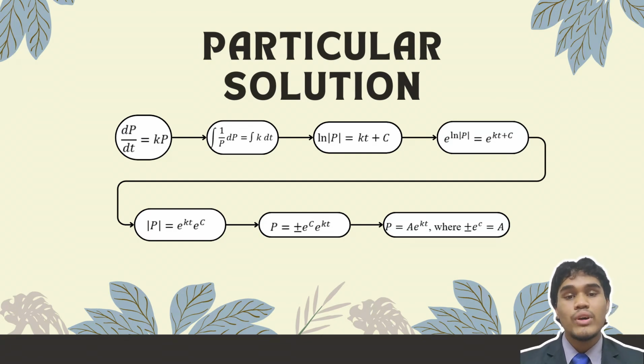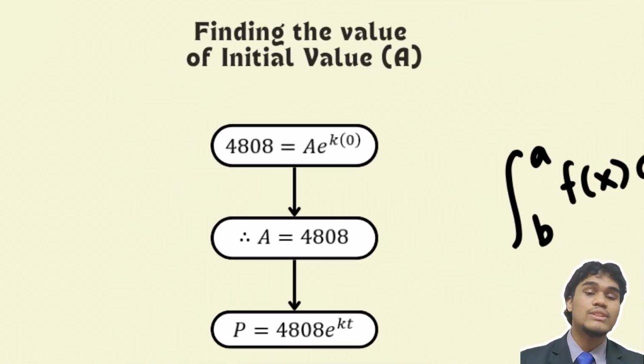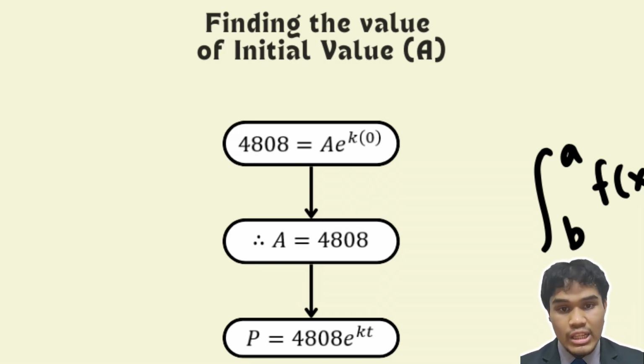Now we need to find A and k, so we assume that 2012, which is the peak of the population, is our base, t = 0. When t = 0, the exponential turns into 1, and we get the initial population A = 4,808.